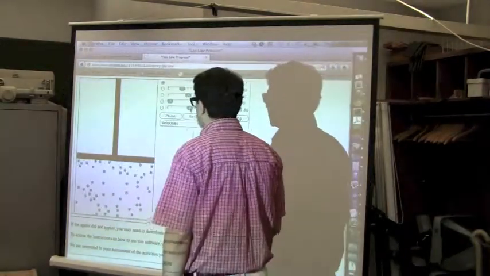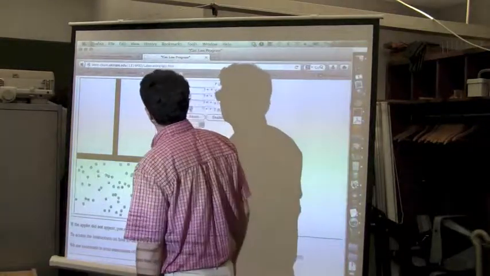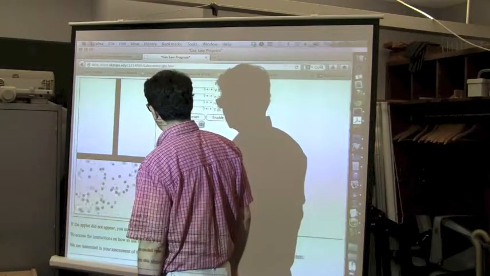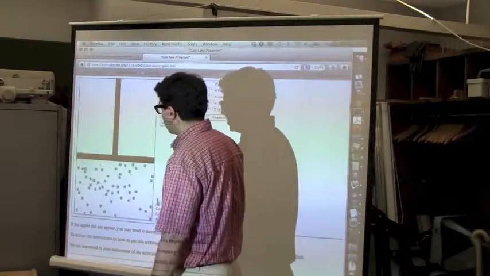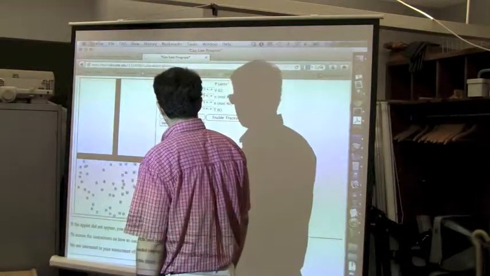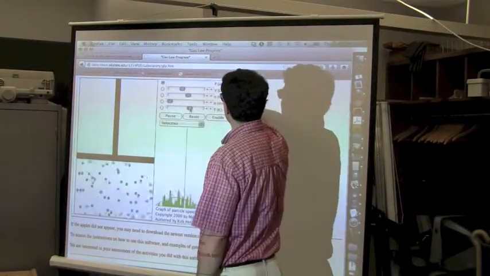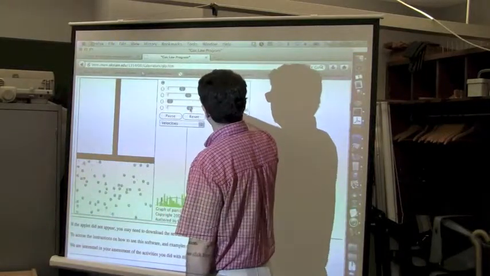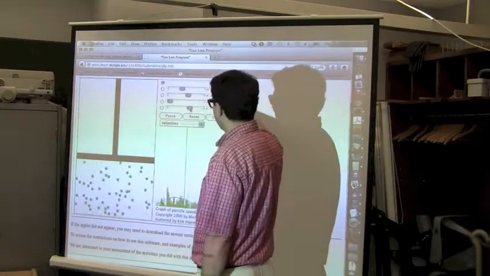So what this is, I just found it on the web. It's probably a little Java applet where they're simulating the motion of some gas molecules, and you can play around with different settings to get a sense of where the different microscopic behaviors come from.